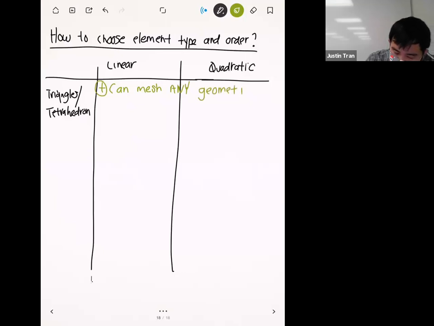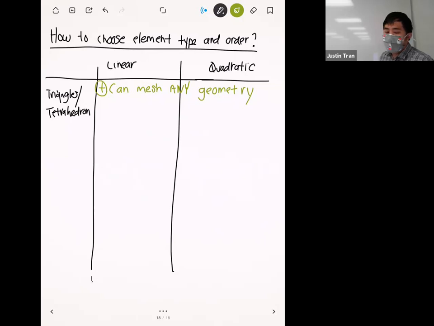This goes for both the linear and the quadratic versions, and that's why I kind of overmapped it into both. This is a huge plus, because no matter what kind of crazy geometry you throw at it, triangles and tetrahedrons will mesh it without any errors. That's a really big benefit.